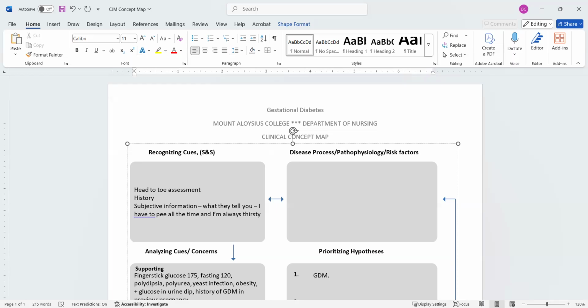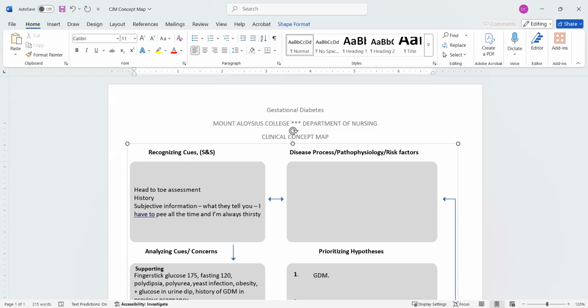pregnancy complications, we did the gestational diabetes one together. And what I'll do is I'll post that for you. And let's see, preeclampsia or the gestational hypertension spectrum, molar pregnancy. Oh my goodness.